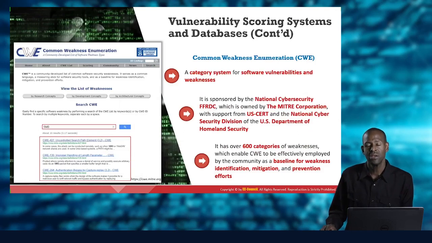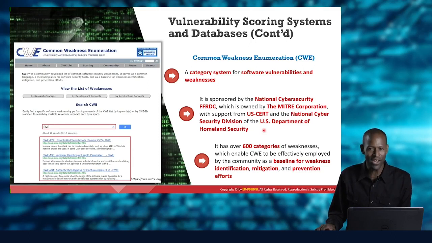If you look at vulnerabilities, that's bad enough, but there can also be just weaknesses. And that is expanded upon in the CWE, which is the Common Weakness Enumeration, which gives you system software weaknesses. These are put together and sponsored by the National Security FFRDC, which is owned by the MITRE Corporation, under support of U.S. CERT, National Cybersecurity Division of the U.S. Department of Homeland Security.